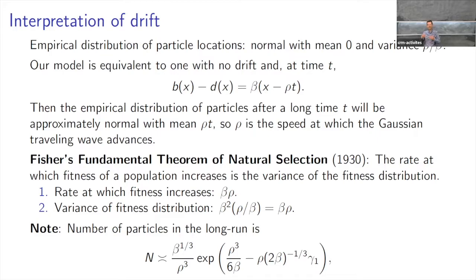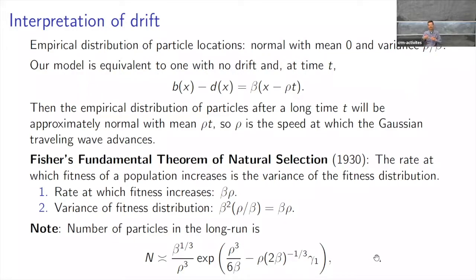Now, this still may seem like cheating because we started with ρ as one of the parameters in our model. However, one can calculate using our model that in the long run, the number of particles should be of the order β^(1/3) over ρ³ times this exponential factor.